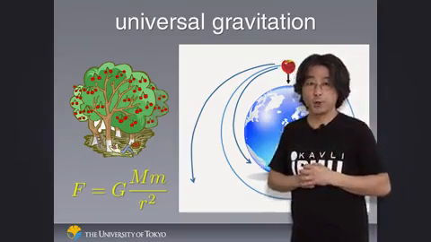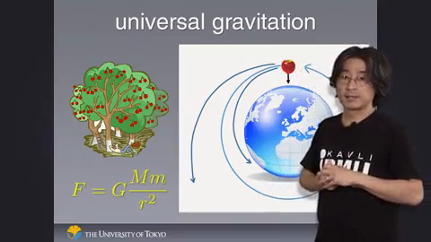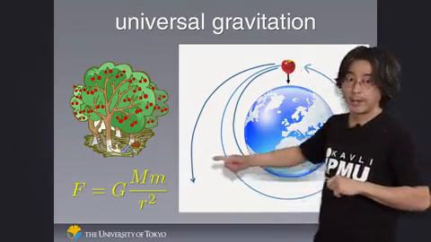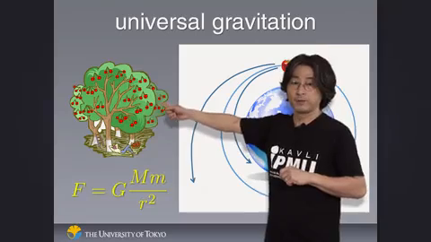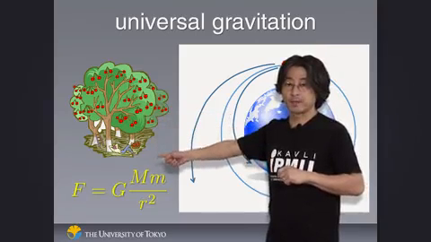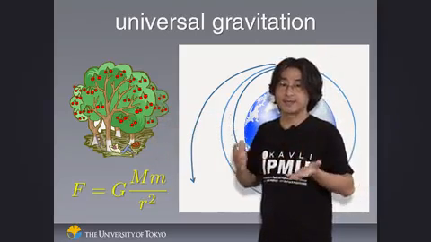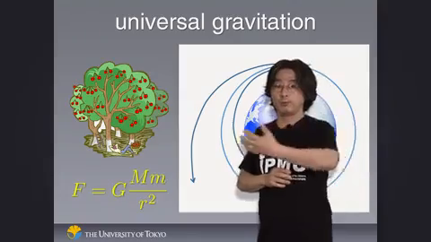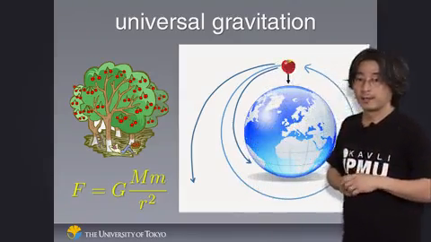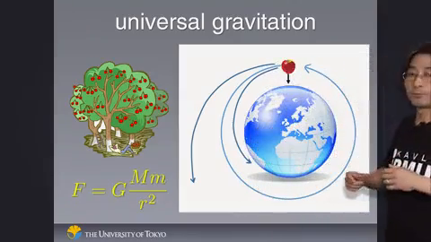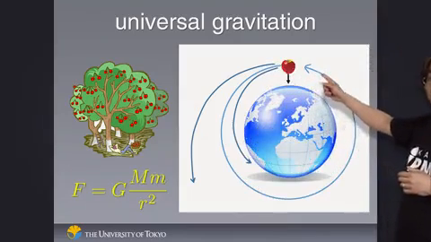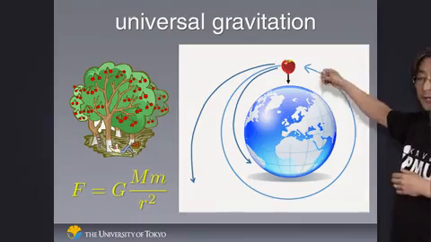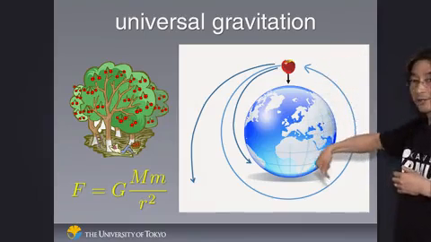And as the legend goes, Newton discovered this law of universal gravitation by watching an apple falling from the tree, and then realized that exactly the same force is also letting the moon revolve around the Earth. The inspiration came from this kind of thinking. If you drop an apple from the tree, it just goes straight down.